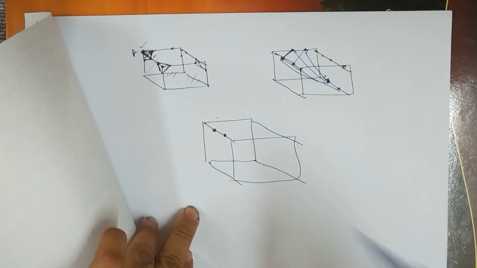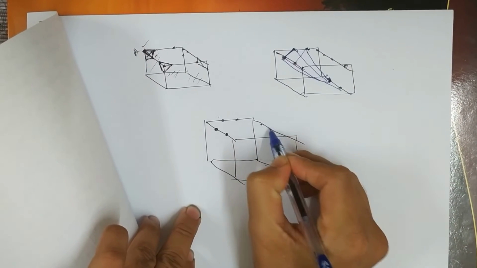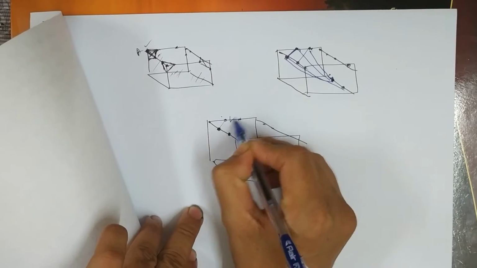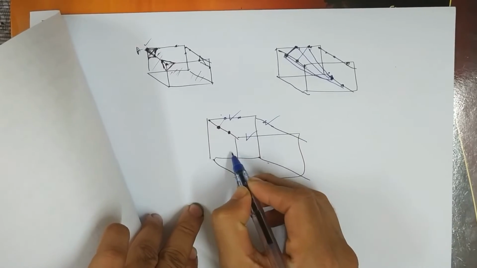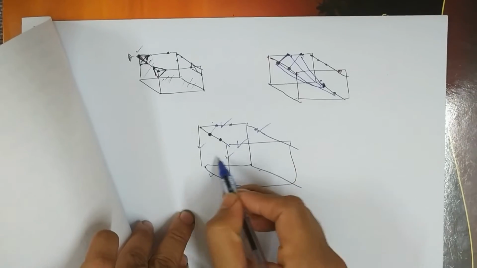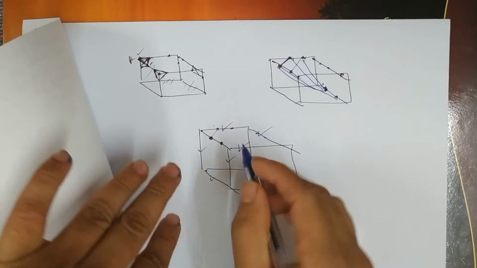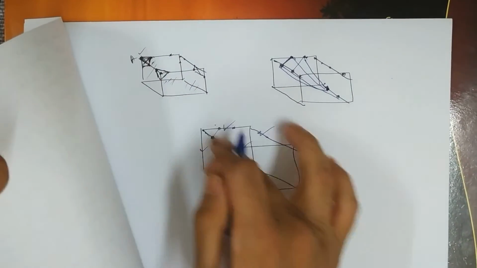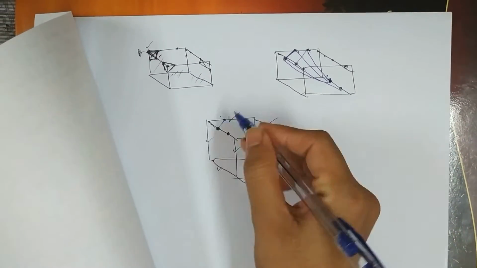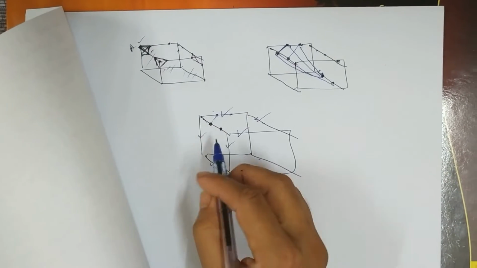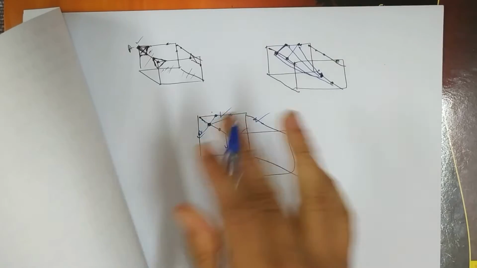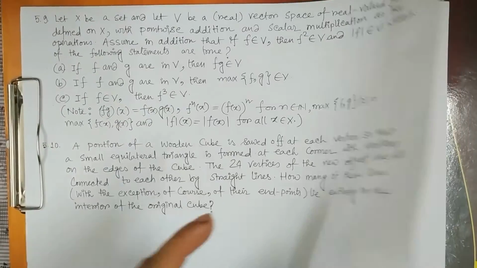Note that if we join these two with this edge, or this edge, basically with the edges which are on the face where this particular edge lies, they will be on the edge of that face. So if we connect this with this, we will not get any interior lines.